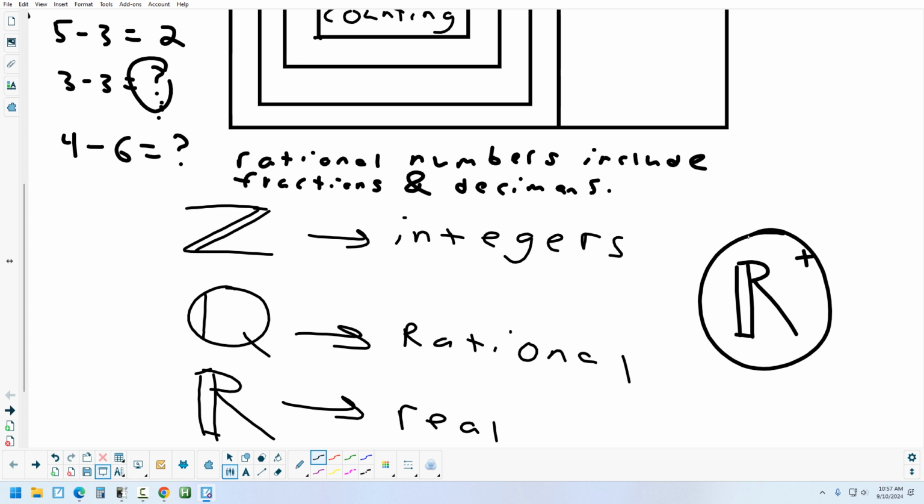So just a positive real number. Yeah, it still could be a fraction or a decimal. So it doesn't have to be an integer, but it's just some kind of positive real number. You could also see a minus there, which would mean a negative real number. And you can put the plus or minus on any of those symbols. Any questions on that?